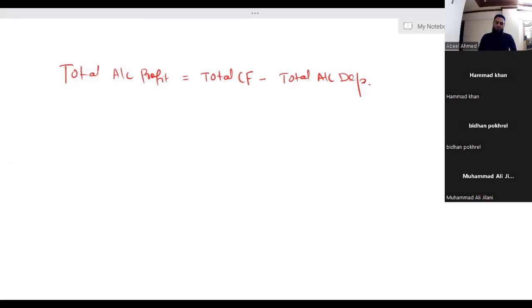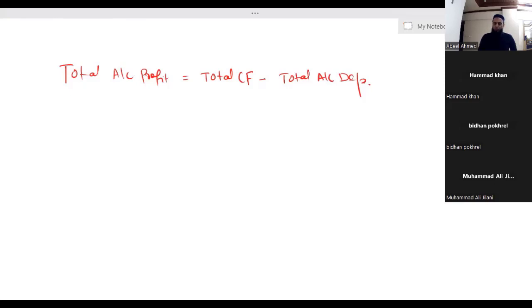Now listen and listen carefully. Residual value itself does not come into accounting profit. Look at the P&L. Normally in the P&L, there is either a gain or loss on the disposal, which comes in P&L. Residual value, which is the sale proceed of property, plant and equipment, does not come to the P&L.